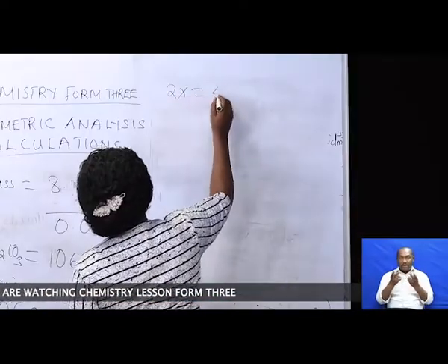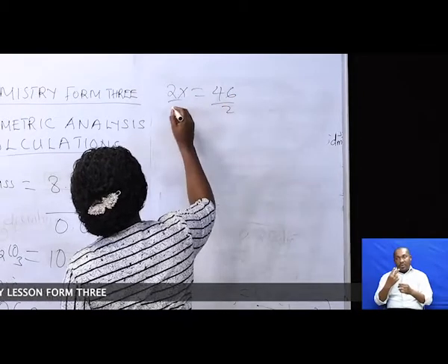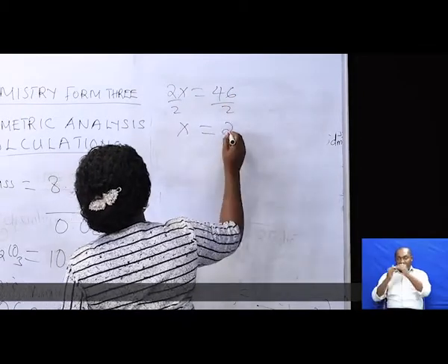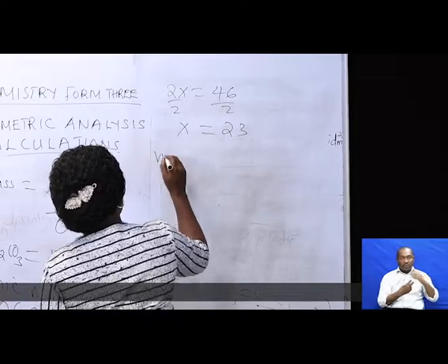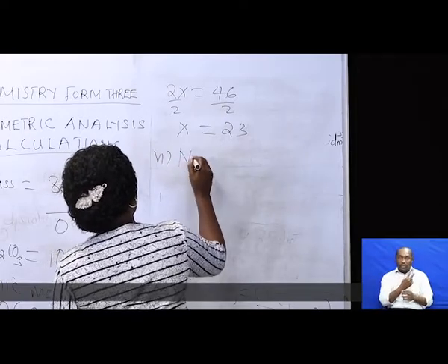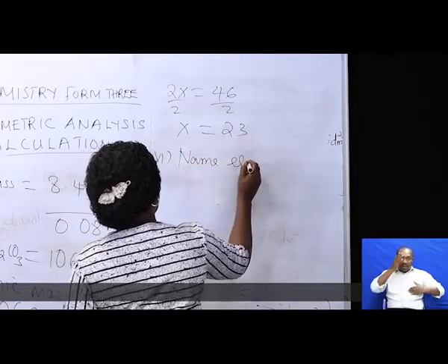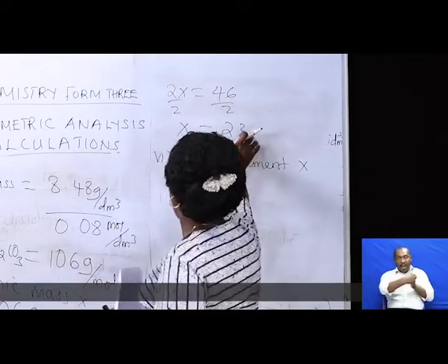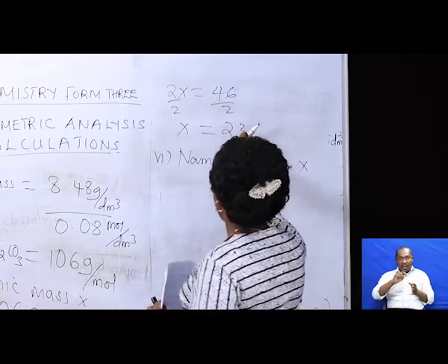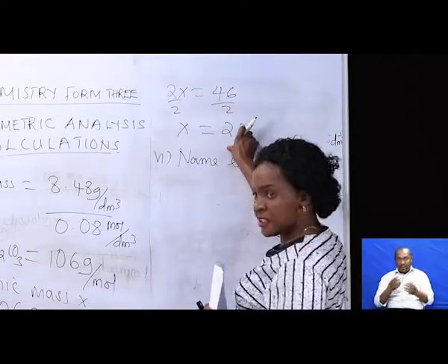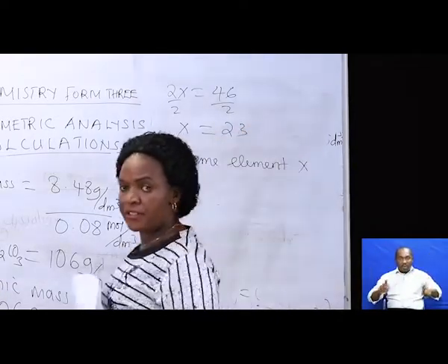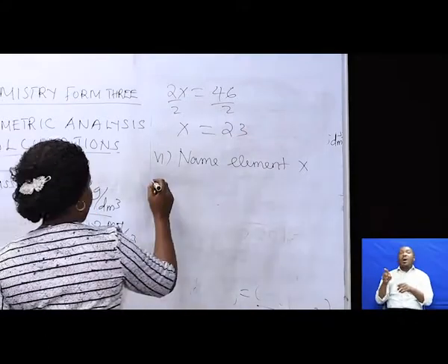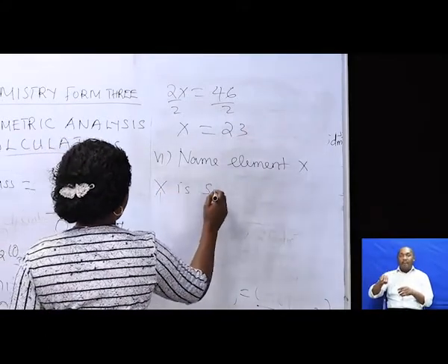Divide by 2, x makes 23. So the last question is to name element X. Since it has a relative atomic mass of 23, in the periodic table it is sodium with the atomic mass of 23. So X is sodium.